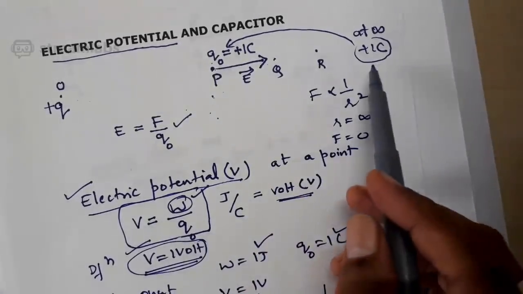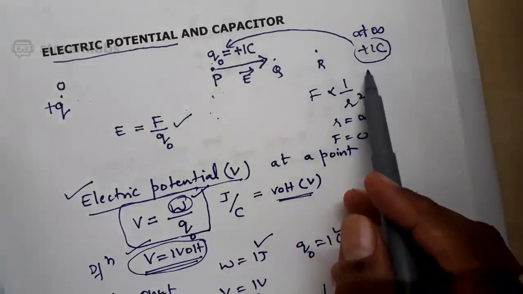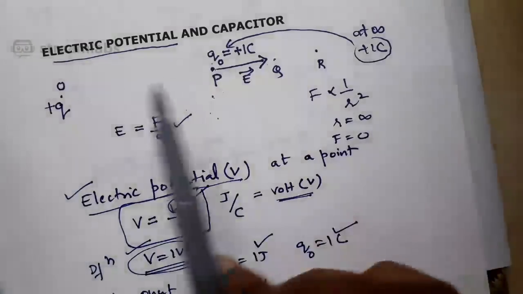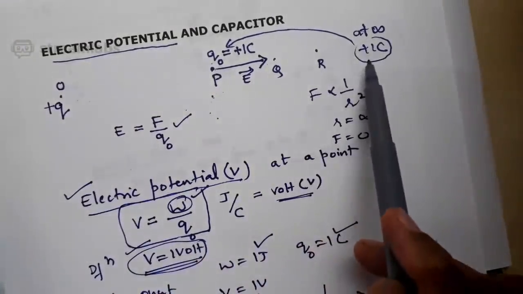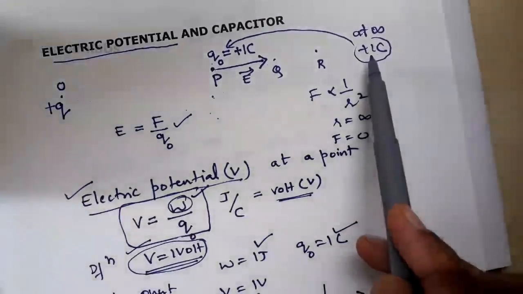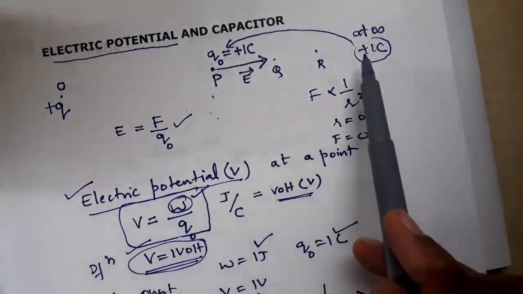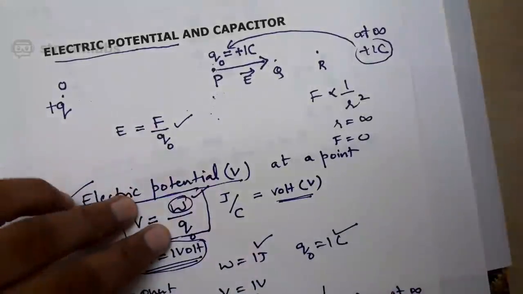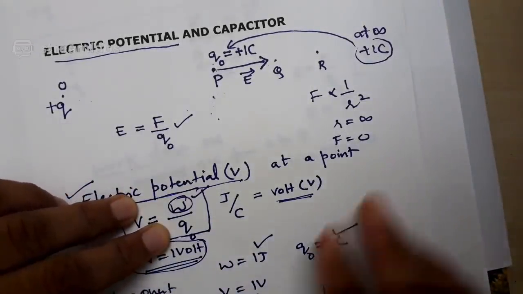Because in the beginning, the plus 1 coulomb charge is at an infinite distance away from a plus q charge, practically speaking far away, and at that time the force on the plus 1 coulomb charge is very weak. To balance that electrostatic force of repulsion, you have to apply a small amount of force.